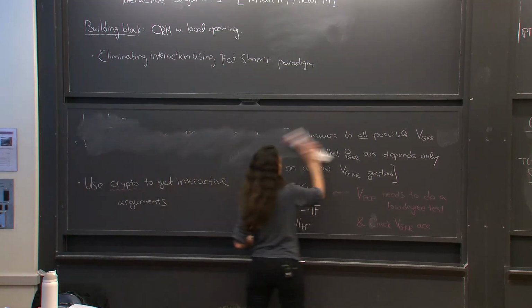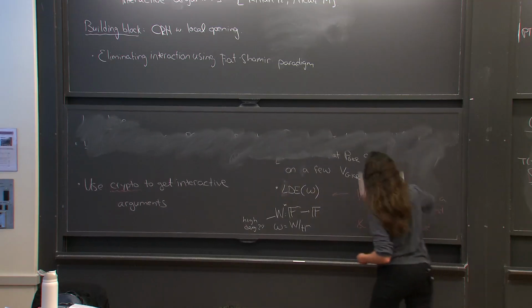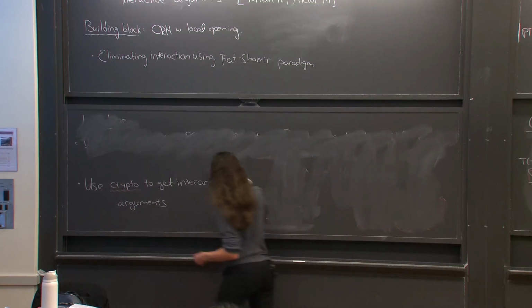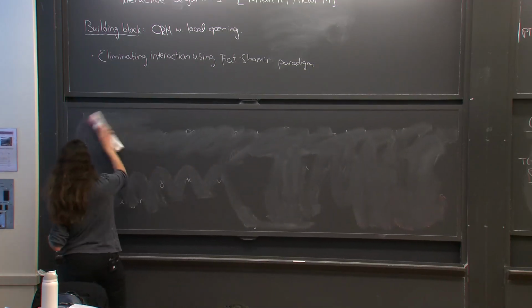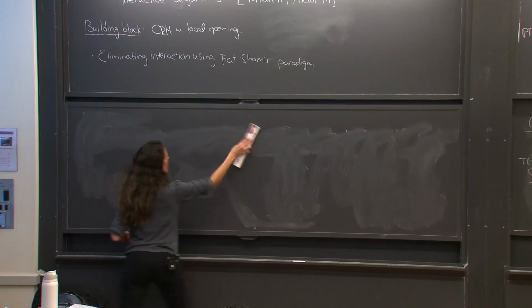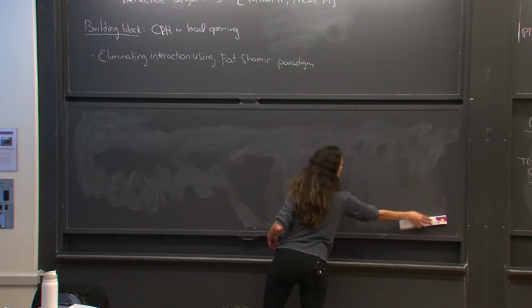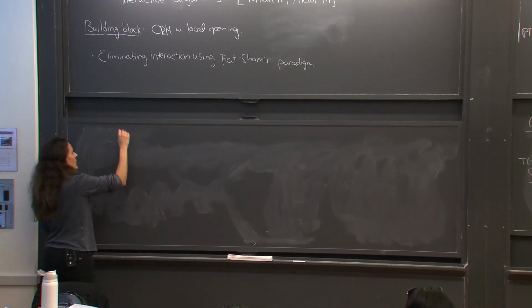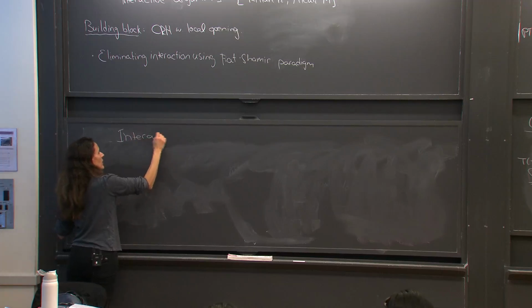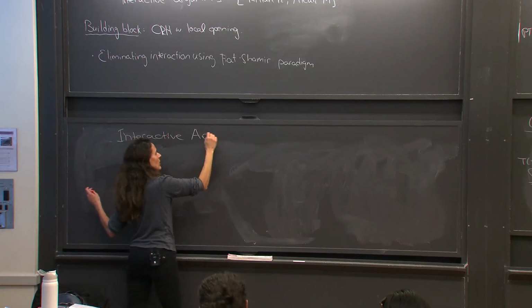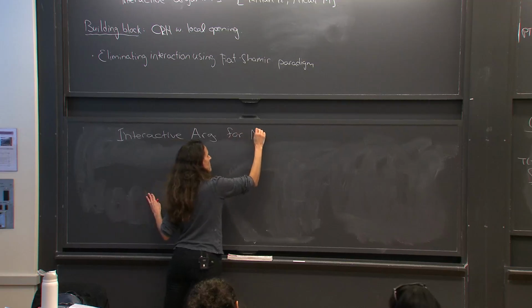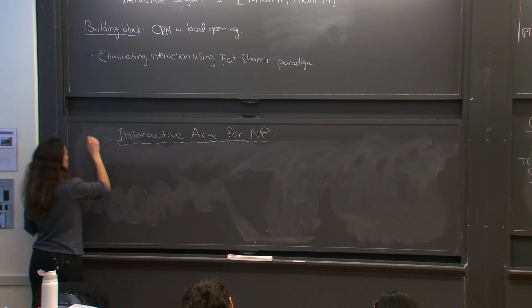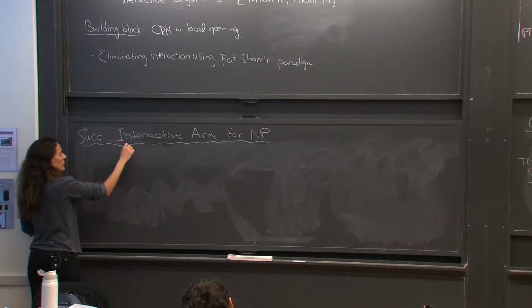Okay, so this is what's known as the Kilian-Micali protocol. Actually, I want succinct interactive arguments for NP.